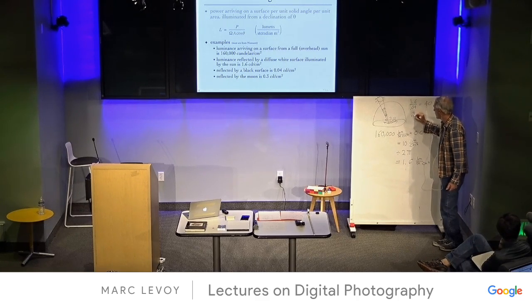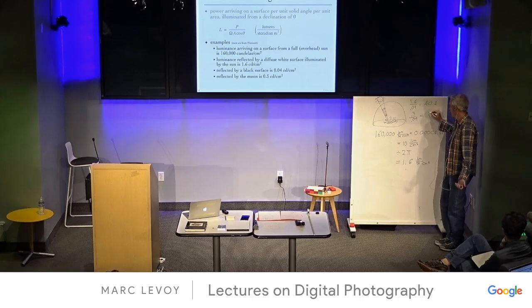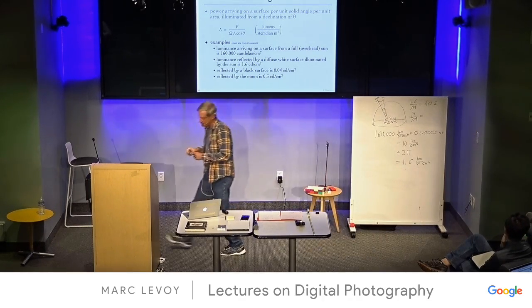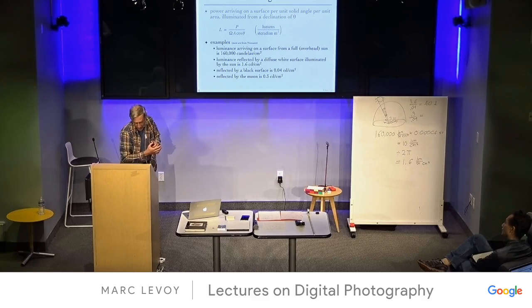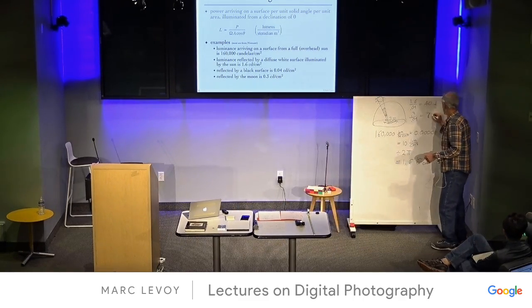And then 0.3 over 0.04 is, what, about 8? I have the exact numbers here. Yeah, it's about 7. Okay, all right, it's about 7.